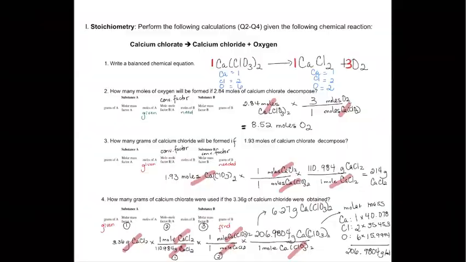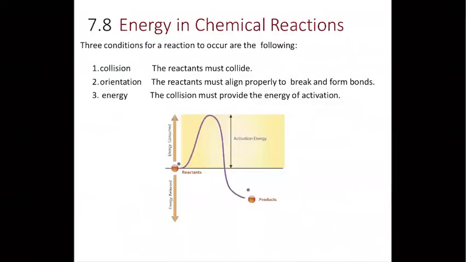Excellent. Since there are no questions, let's proceed to the last topic in chapter 7, which is the energy in chemical reactions, okay? Understand that when a chemical reaction happens, you guys, it's not all random, okay? We need certain conditions that need to be met in order for this reaction to work. The first condition is going to be collisions.